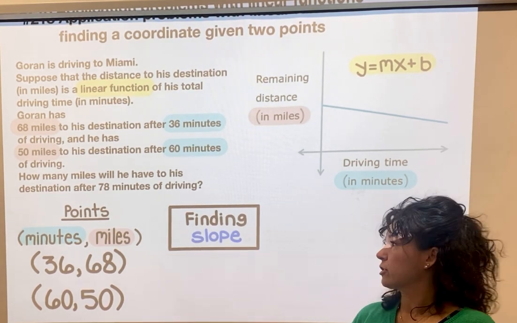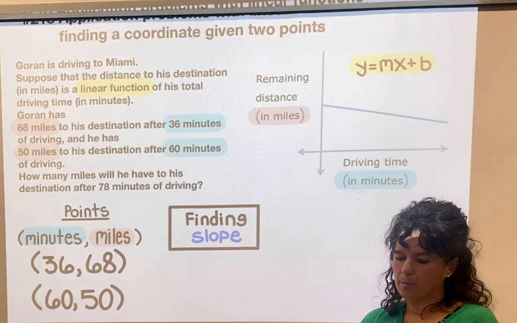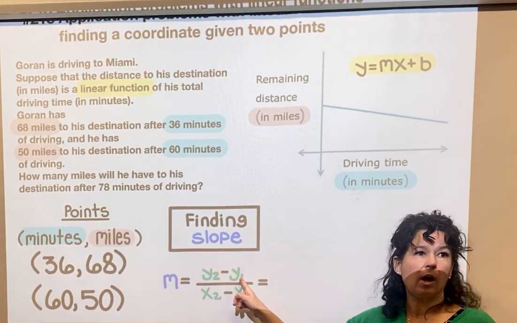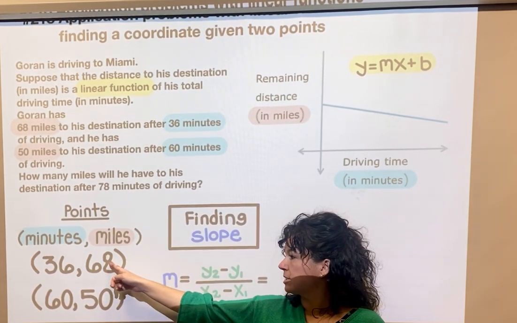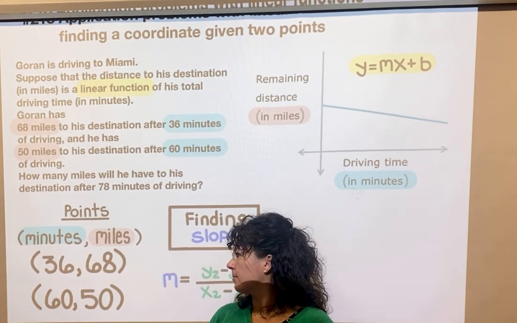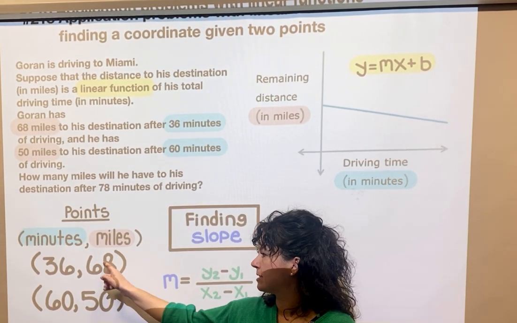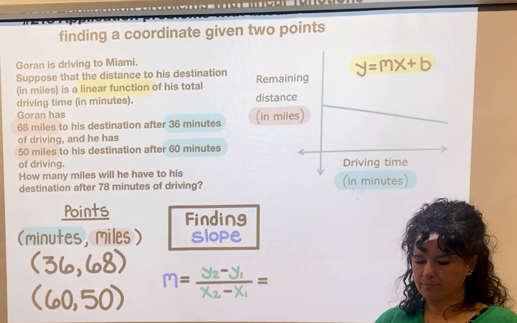So we could go after the slope first. If I want to find my slope, I want to subtract my y's over subtracting the x's. So I'm going to either do 68 minus 50 over 36 minus 60, or I'm going to do 50 minus 68 over 60 minus 36.